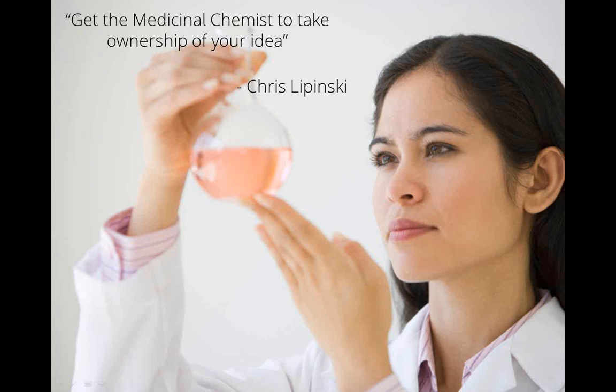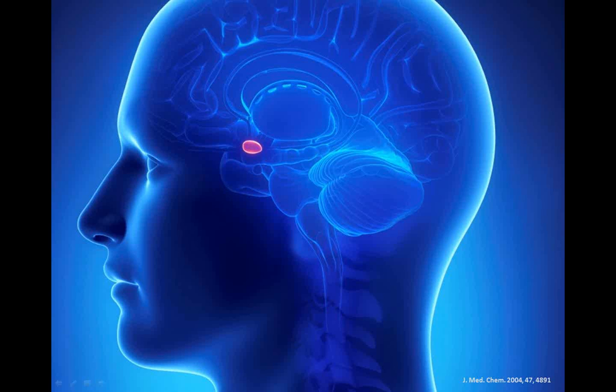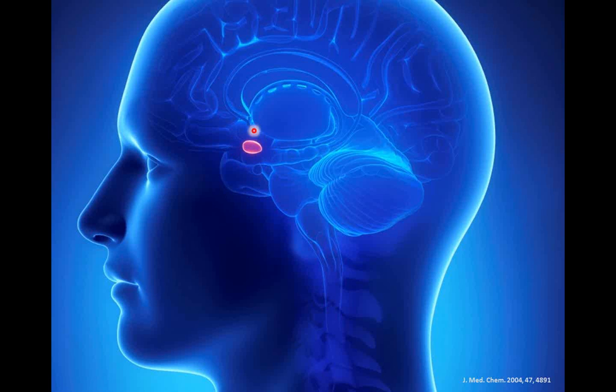So there's another advantage of this team formation between a medicinal chemist and a computational chemist, and that is using the medicinal chemist's amygdala. That's actually also something that Chris Lipinski was stating in one of his talks, that medicinal chemists use the amygdala a lot.